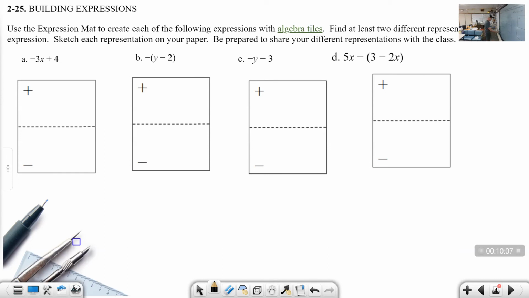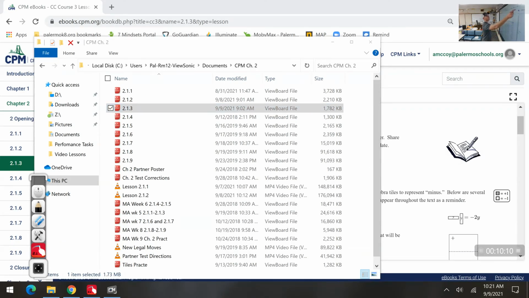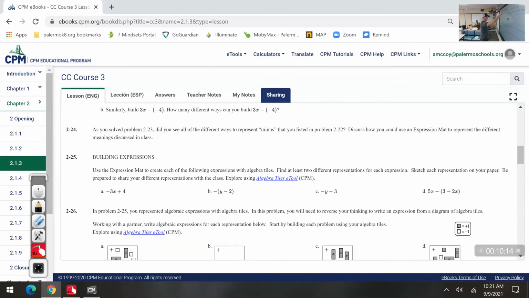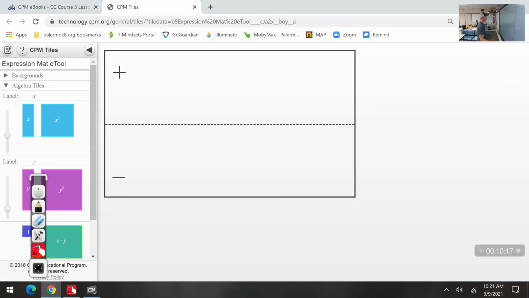So I know that A is going to be 3x. Is it positive 3x? No, Mr. McCoy, it's negative. Click, click, click. Negative 3x plus 4. 1, 2, 3, 4.